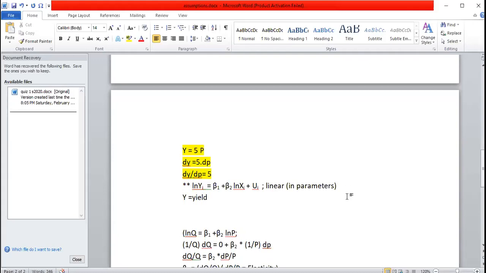Yield of rice and x rainfall. How do you explain beta 2?